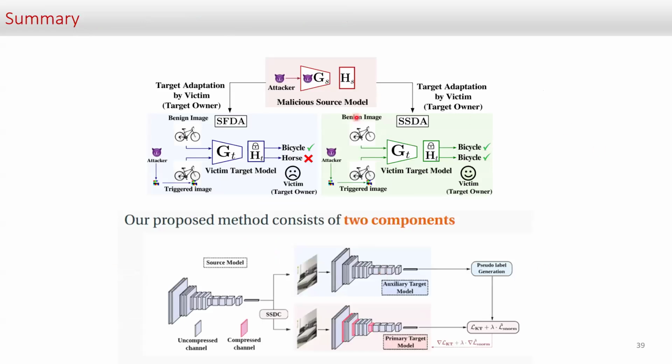In summary, if the source model is malicious, that behavior transfers into the target domain. Our proposed 2-component training technique, static compression and dynamic suppression, actually helps suppress the backdoor behavior from the source model to the target domain, defeating the attacker's desired success.